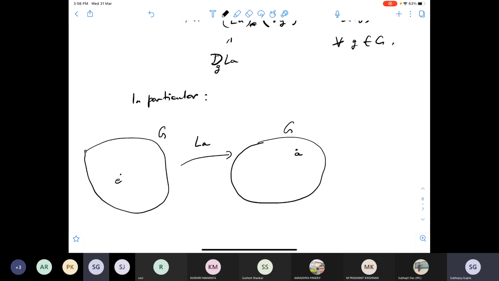So then where will it send the vector? Suppose Y_E is the vector field vector at the identity, then this has to go to the vector field vector at A. So the derivative of the left translation by A at the identity element will take Y_E to Y_A.